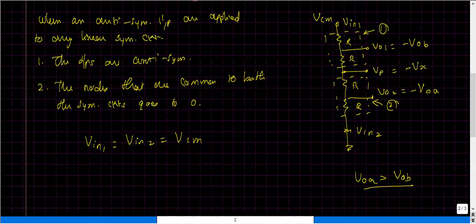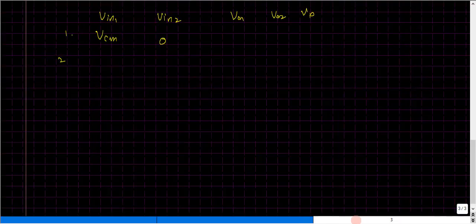Now I would get magnitudes, let us assume, equal to VOA, and this is Vx, and this is going to be VOB. Now I'm going to make those entries here: VOA across VO1, VOB across VO2, and Vx across VP.